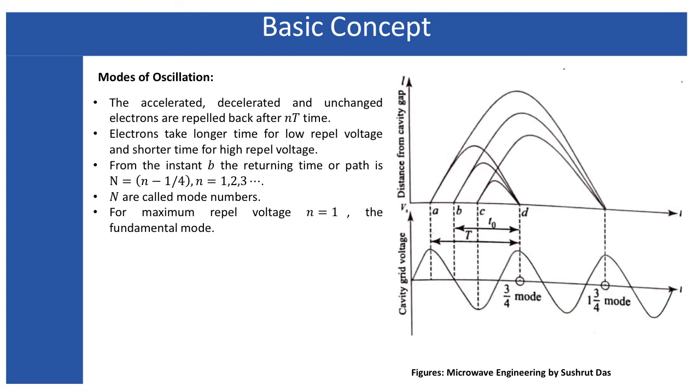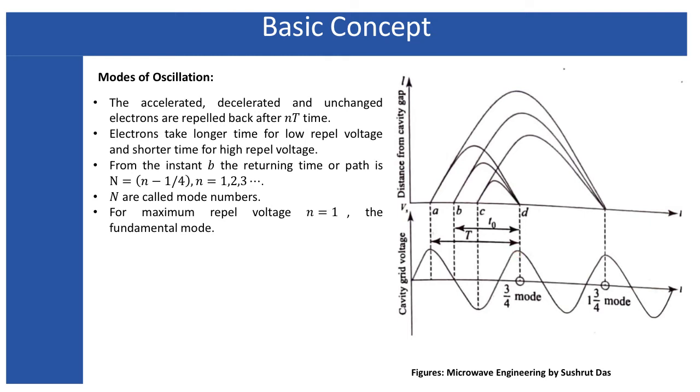So if at this half cycle the electron beam interacts with the cavity gap voltage, then you have to ensure their return at the same time instant when the cavity gap voltage attains the equal phase, that means the 2 pi distance. In this way you can apply positive feedback.